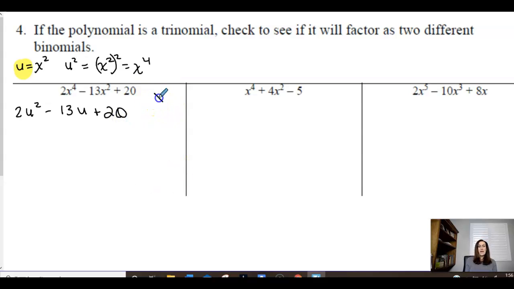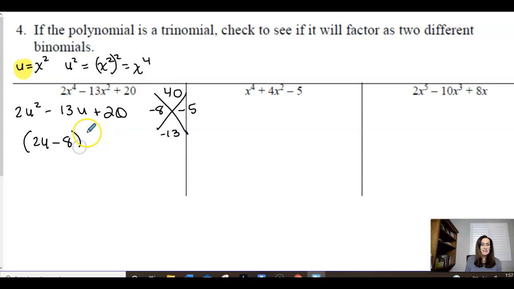And to factor that, multiply to get a times c, which is 40, and add to get negative 13. My 2 numbers are negative 8 and negative 5. So this is going to give me 2u subtract 8 and 2u subtract 5.